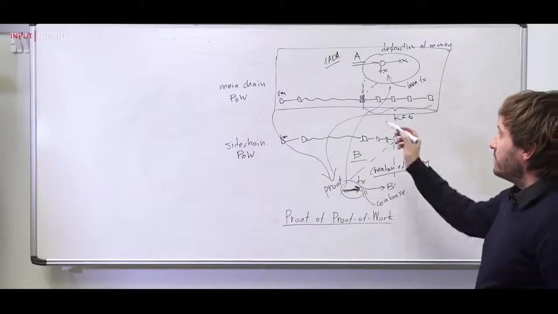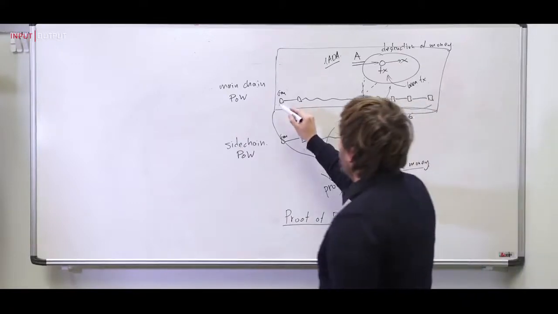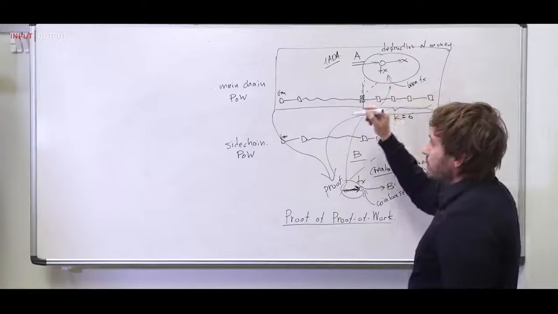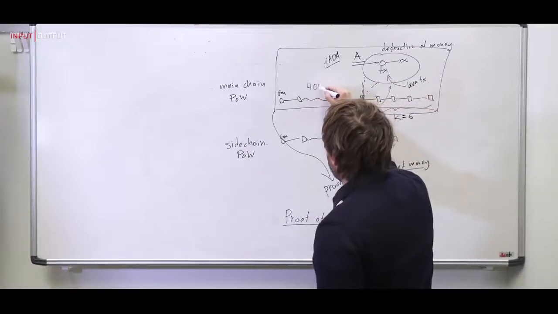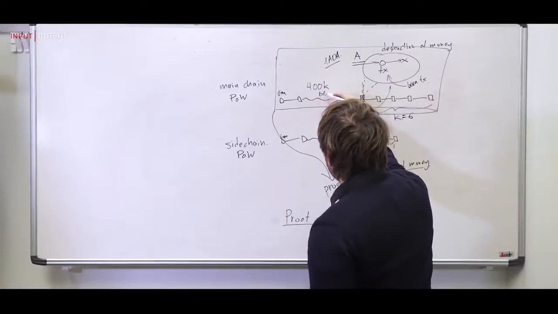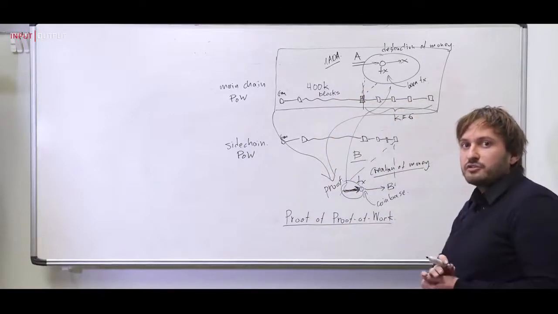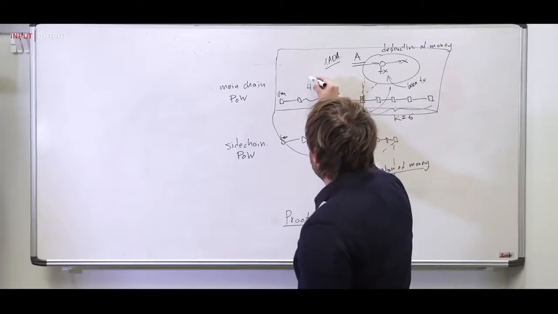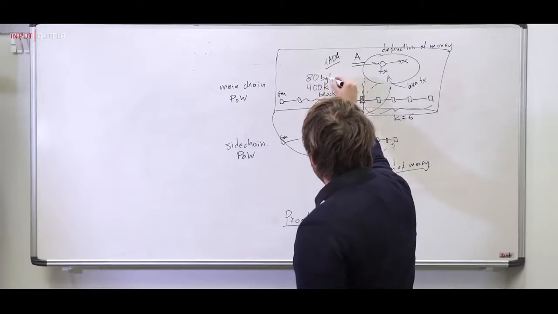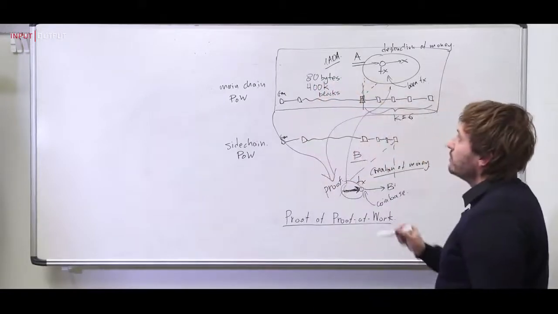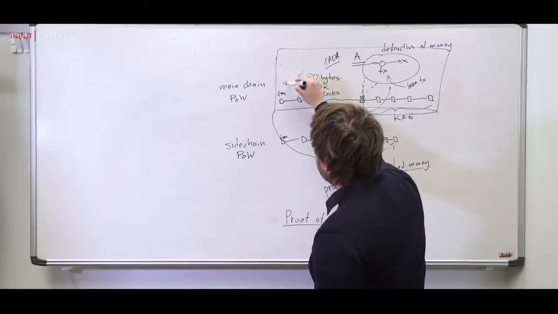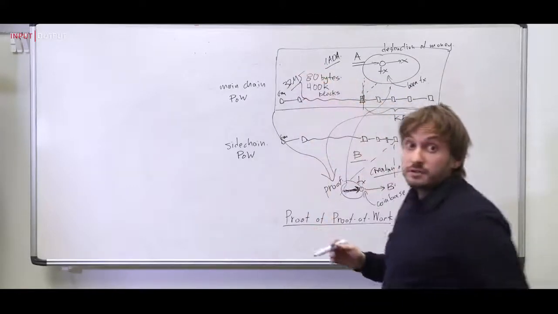For instance, in Bitcoin's case, the chain from Genesis to the current block is maybe 400,000 blocks. The proof of work is represented by the block headers, each of which could be 80 bytes long. So the total of this would be more than 32 megabytes of block headers.